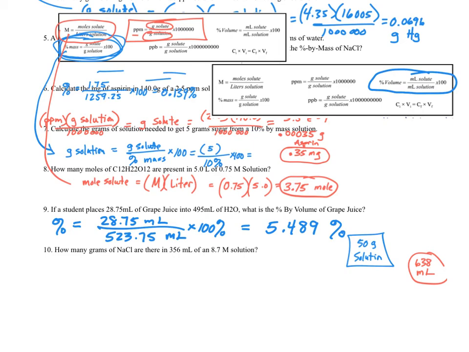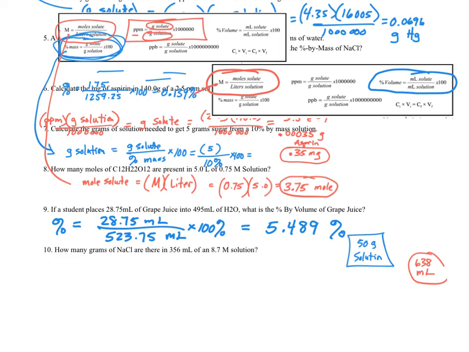Number 10, how many grams of NaCl are there in 356 milliliters of a 8.7 molar solution? All right, now, this one has a couple of steps because we are looking at the molar equation, and we want to know how many grams, but we could find out how many moles of NaCl there are.